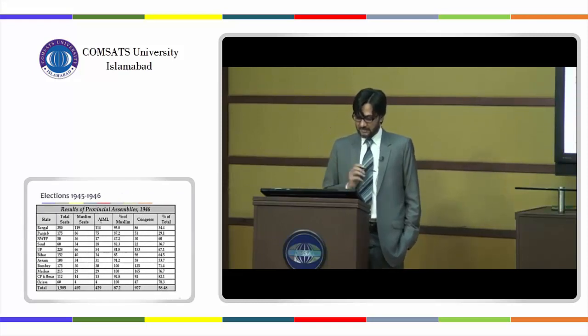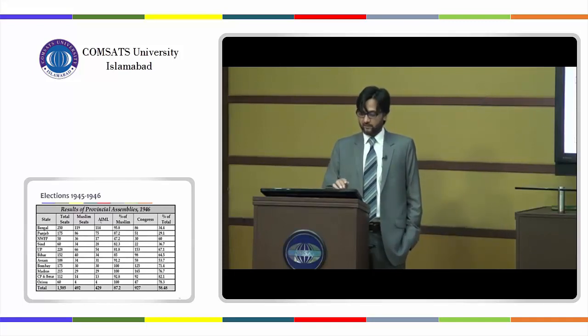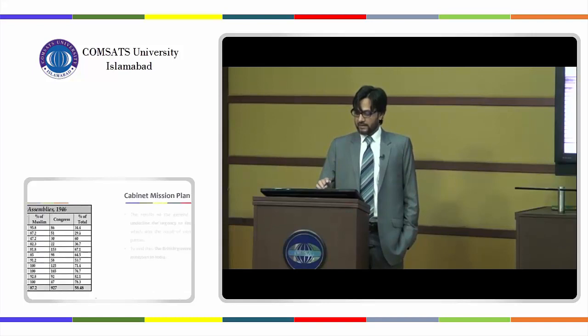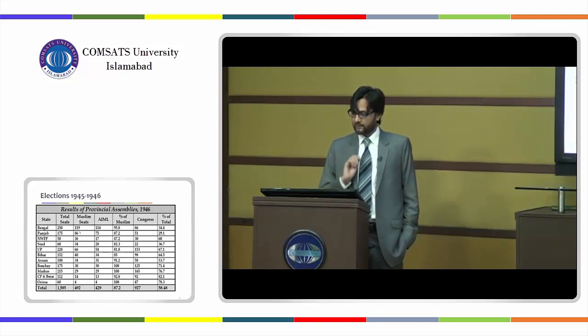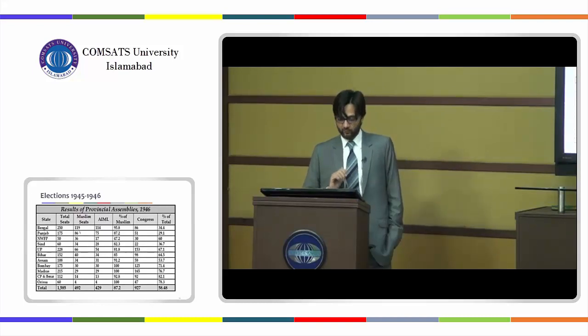Now you can compare the results of the election. Total seats in Bengal were 250. The Muslim seats were 119, and the All India Muslim League secured 114 seats. In Punjab, out of 175, the Muslim seats were 86, and the Muslim League secured 75. In NWFP, total seats were 50, the Muslim seats were 36, and 17 were secured by the All India Muslim League.